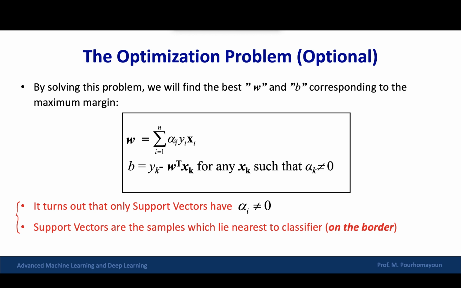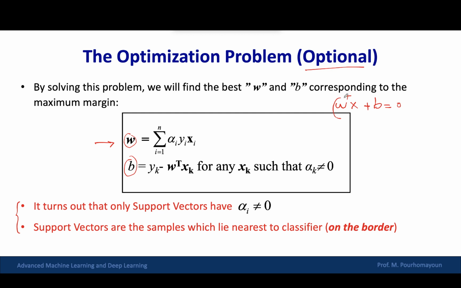eventually after you solve this problem, you will see something like that. It's still optional, okay? This is how you find your weight and your bias. So remember, the line that we are looking for was like this, okay? This is our line, our classifier is this.